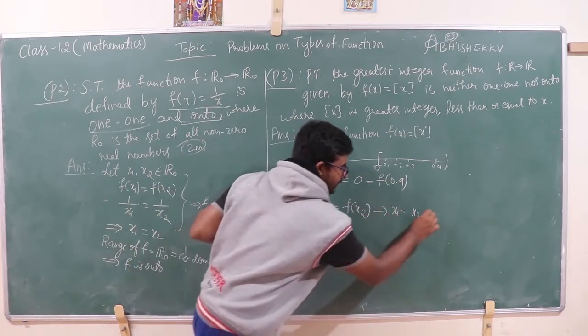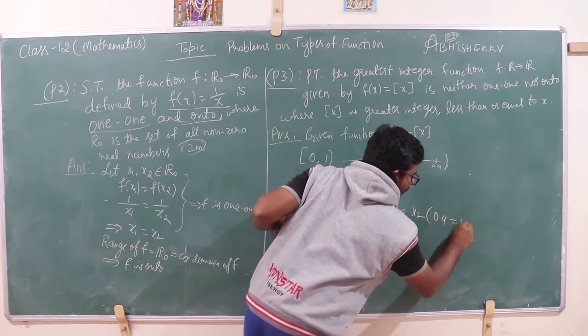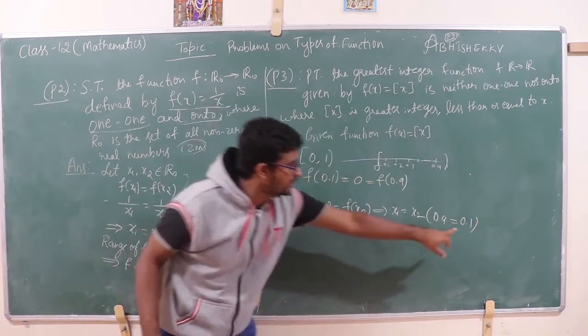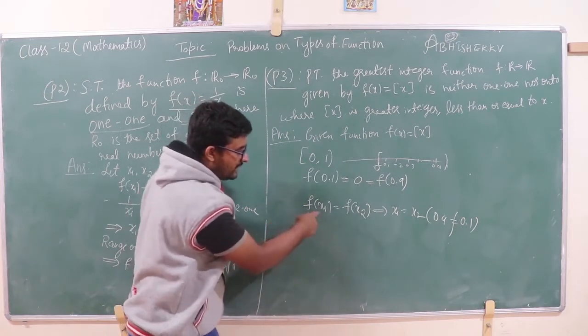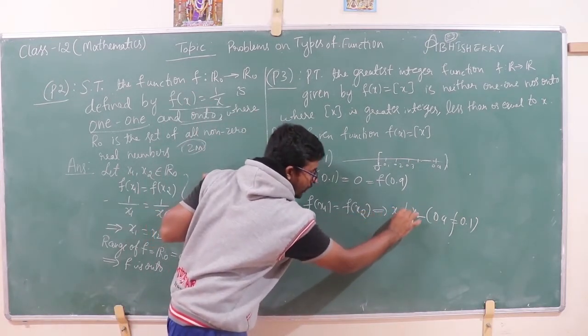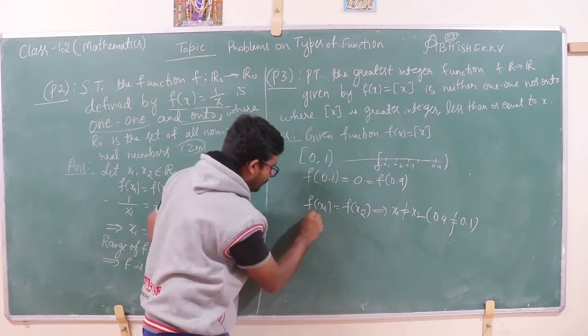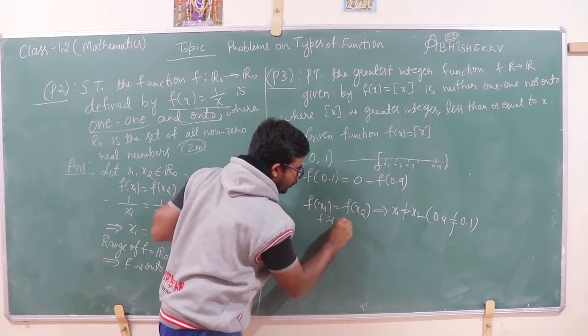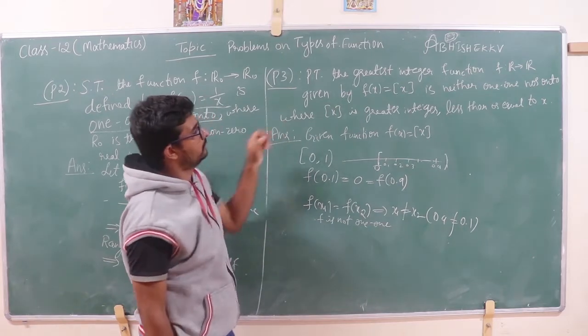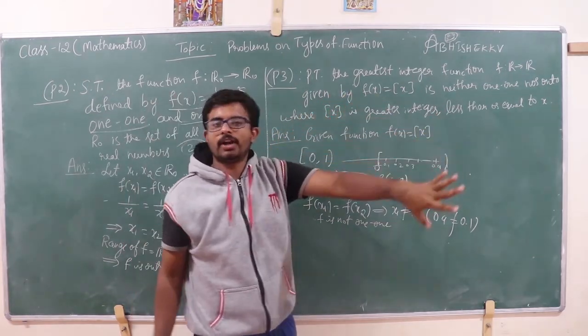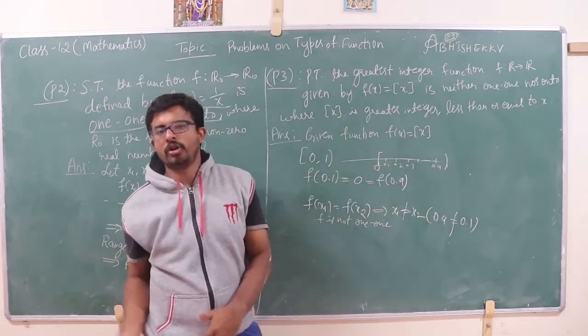Is 0.9 equal to 0.1? This is my question. Is x1 equal to x2? It is not possible, right? Therefore, f of x1 equal to f of x2 does not imply that x1 equals x2. Therefore, f is not one-one.